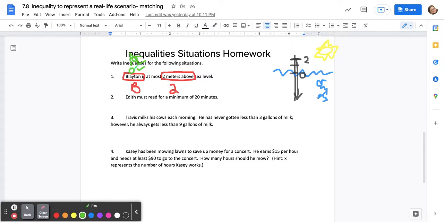Is 0 bigger or smaller than the 2? 0 is smaller, so our alligator is going to eat that 2. Can he be at exactly 2 meters? If he's at most 2, yes, he can be at 2 or anywhere under. So we're going to say B is less than or equal to 2.